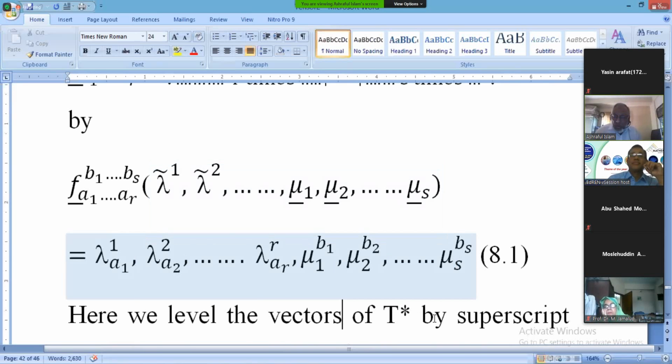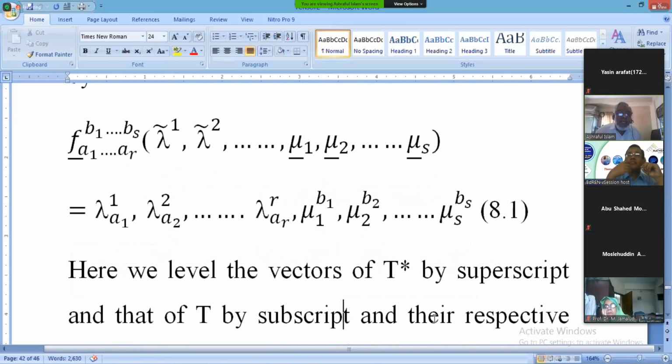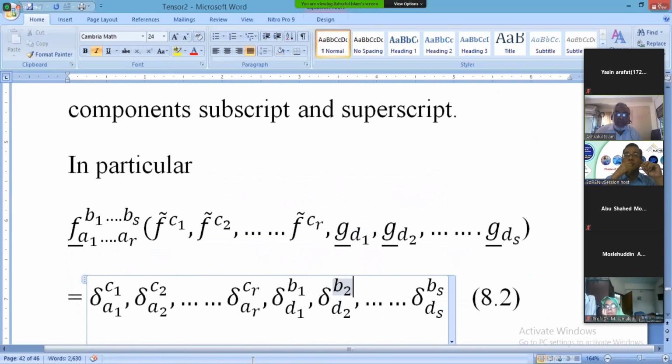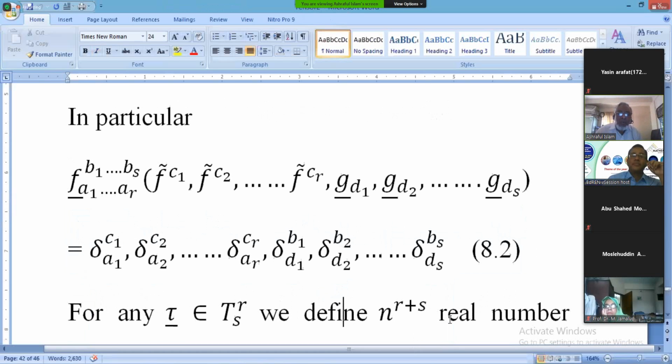In particular, if we take the basis vector from the argument, then we will get the Kronecker delta, a lot of Kronecker deltas: C1 with A1, C2 with A2, CR with AR, and B1 with D1, BS with DS. These are the Kronecker deltas for the mapping of this.